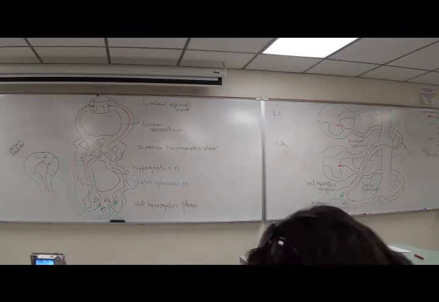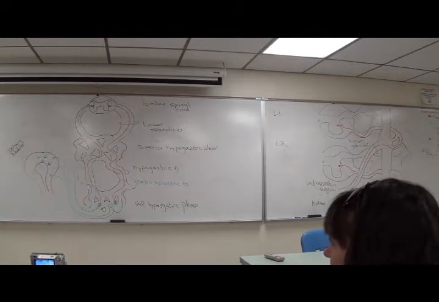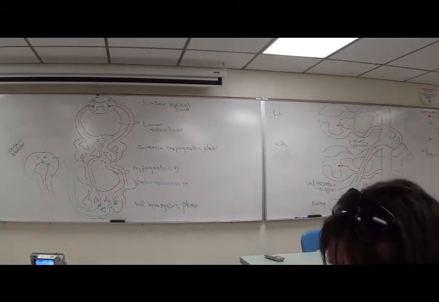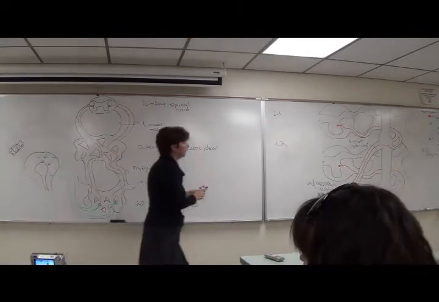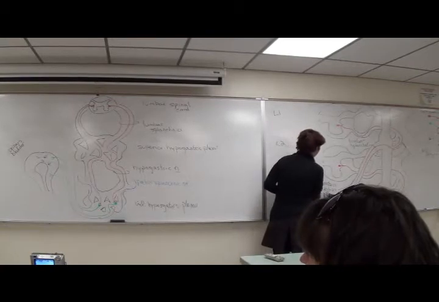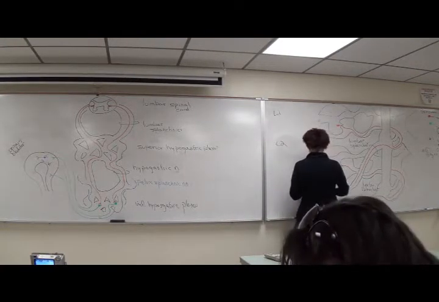So now we need our sacral splanchnics. And that's what I'm going to illustrate over on the far right. If I were to illustrate this part right here, just this part on the board, then this is going to be L2.